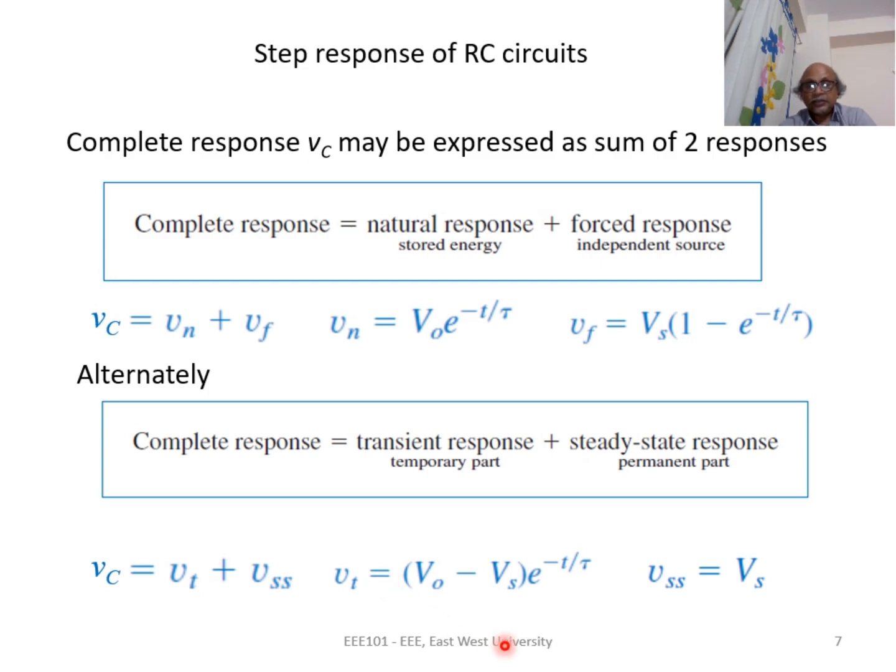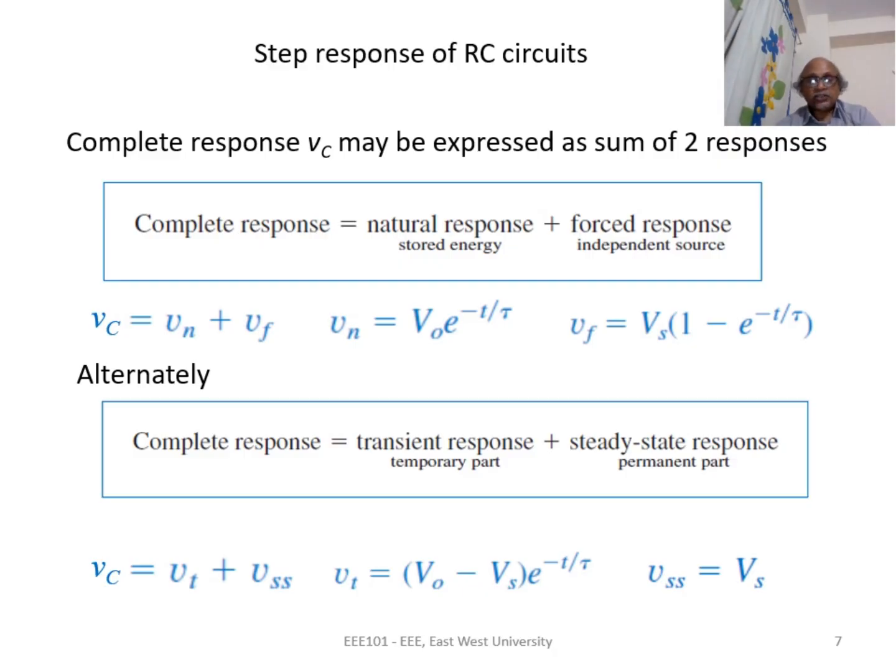Transient response is the time dependent part, V0 minus Vs e to the power minus t by tau. This was in Vc. And the steady state response is the constant response, which is simply Vs. So that is our solution.